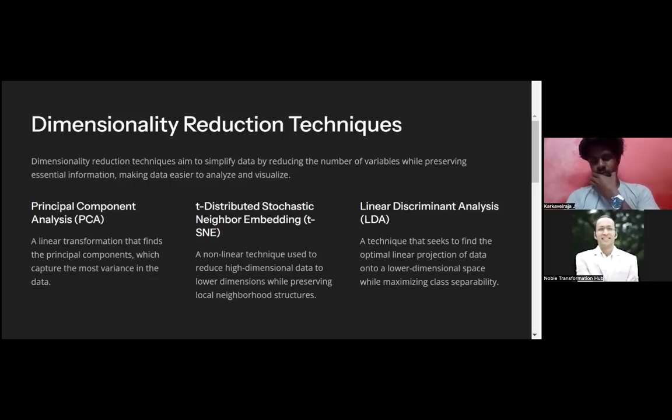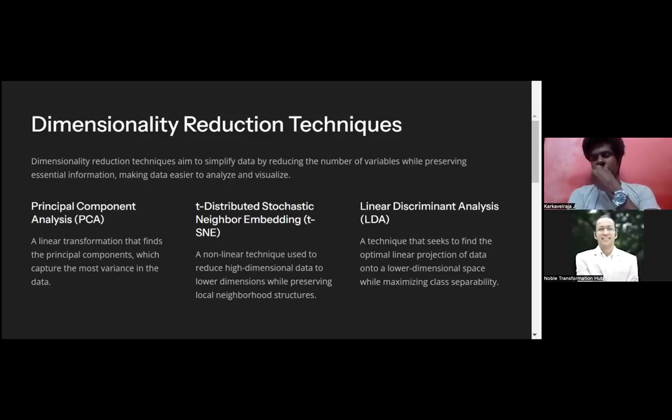So all these three techniques have their own characteristics, and there is a very thin line between them. PCA captures the most variance in the data while preserving the integrity of other aspects of essential data. Then t-SNE is a non-linear technique to reduce the higher dimension to a lower dimension, preserving the local neighborhood structure.